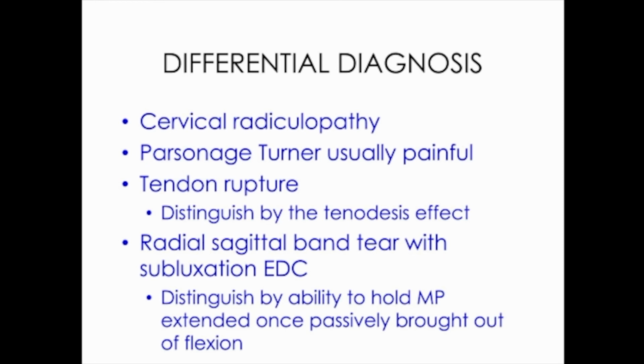Tendon rupture is another, and one way you can distinguish tendon rupture from PIN palsy is the wrist tenodesis effect. The other differential is radial sagittal band rupture with subluxation of the EDC, and there you can demonstrate that's the pathology by straightening the finger, bringing the MP joint into extension, and then the patient is able to hold the MP joints extended under their own power.